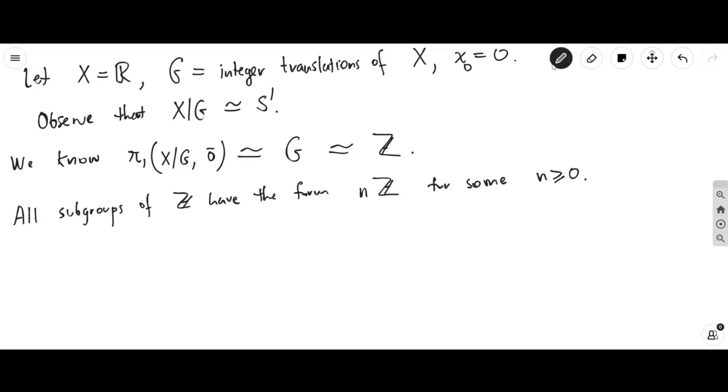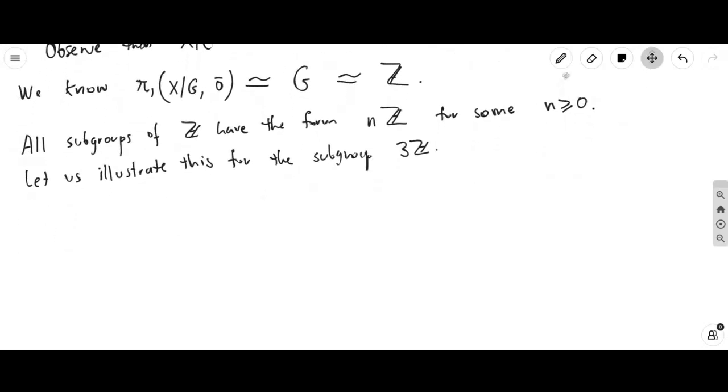So let's do it for a specific example. Let us illustrate this for the subgroup 3Z, and we'll understand how this works.